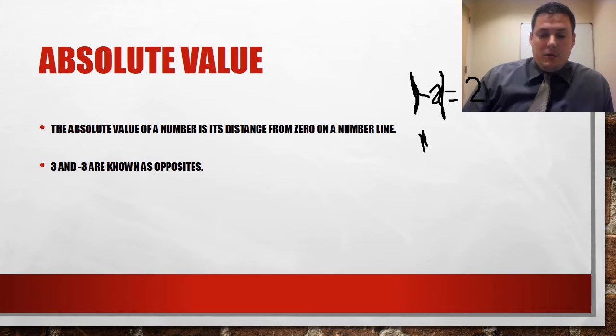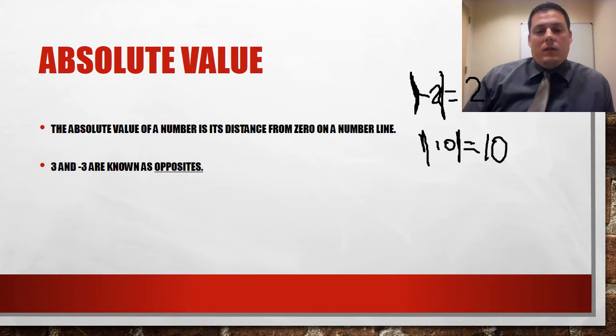The absolute value of 10 is just going to be 10 because it's 10 units away from 0. So notice that both of these are just the positive version of what we're looking for. So what the absolute value of a number does is it makes it positive because all it is concerned with is the distance away from 0.